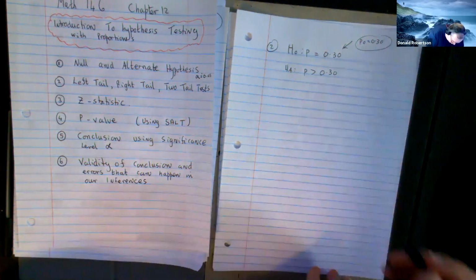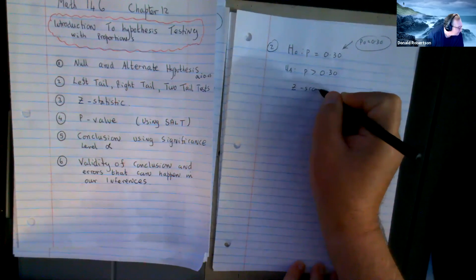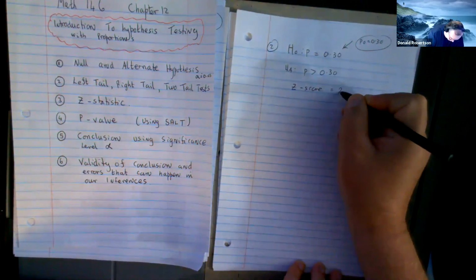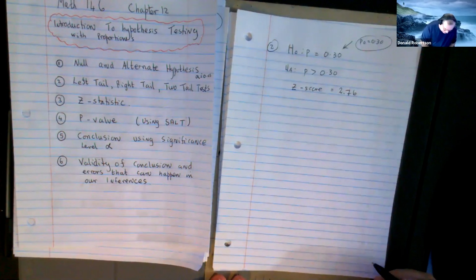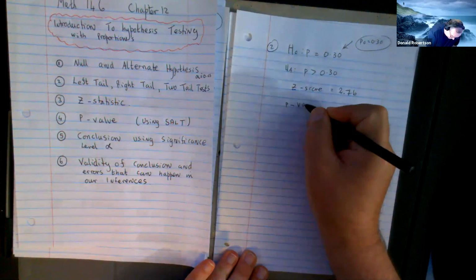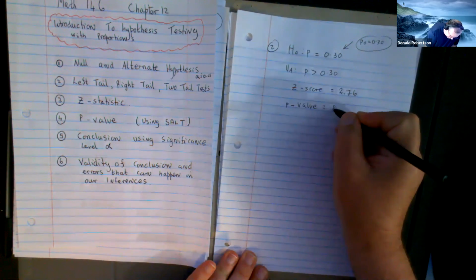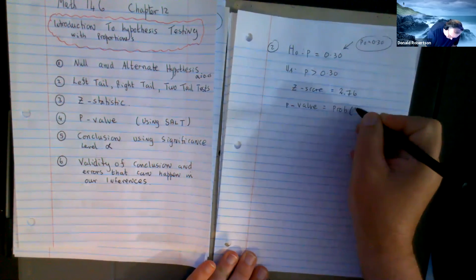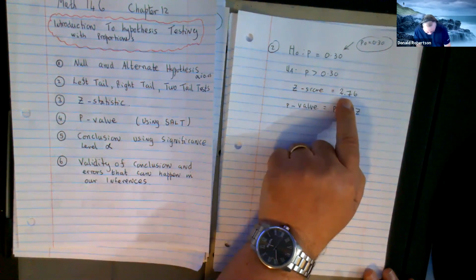Now, they told me the Z-score, which was really nice of them. They told me it was 2.76. And they are asking me to find the p-value. Now, the p-value is the probability that you get a Z-score bigger or less than that number.